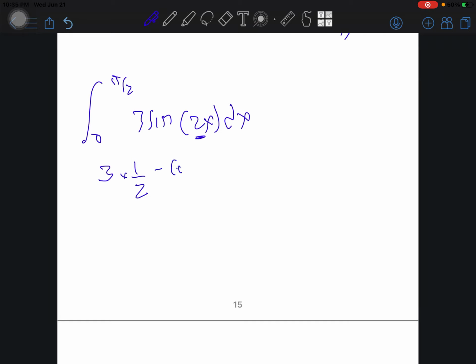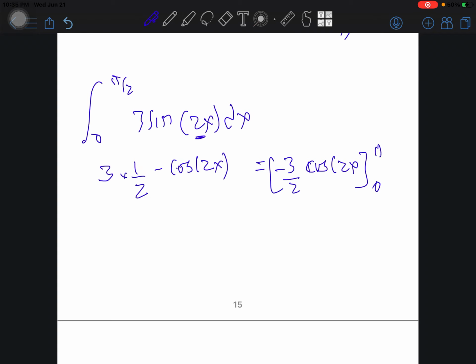When you integrate sine, we get minus cos, so minus cos 2x. At the end of the day, this is going to give us minus 3 over 2 cos 2x.